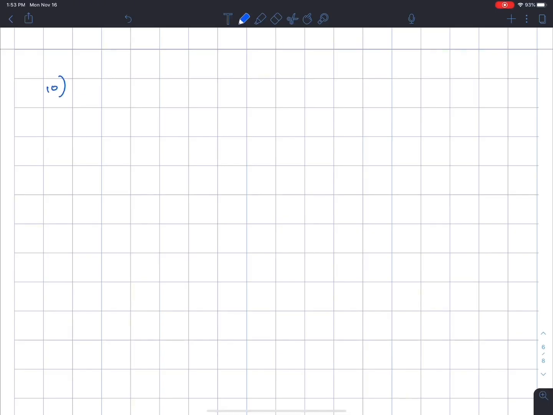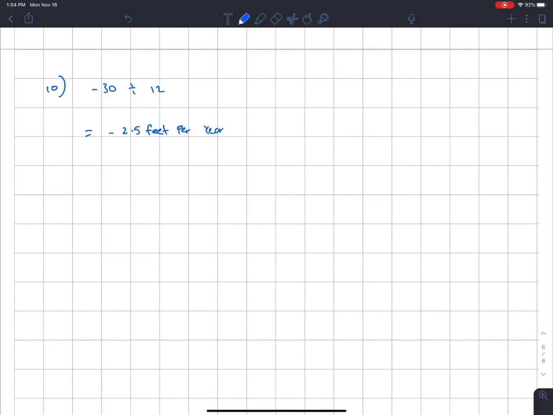Question 10. The shore in Crescent Beach eroded 30 feet over a 12 year period. How many feet did it change per year? So this is negative 30 feet over 12 years. We got negative 2.5 feet per year.